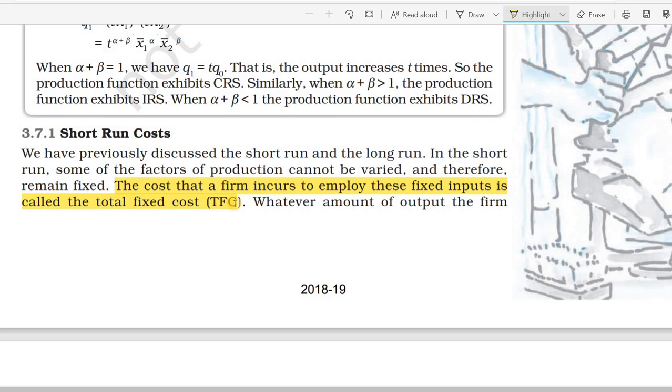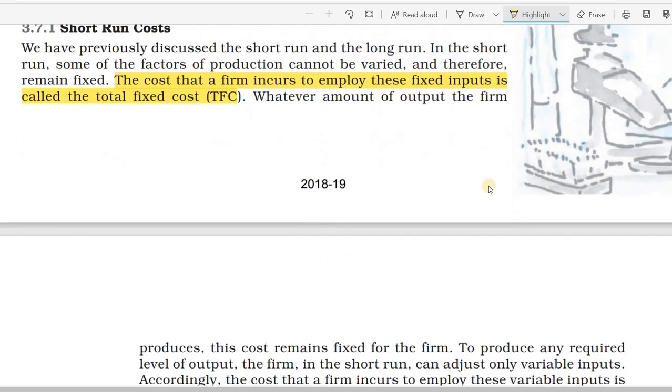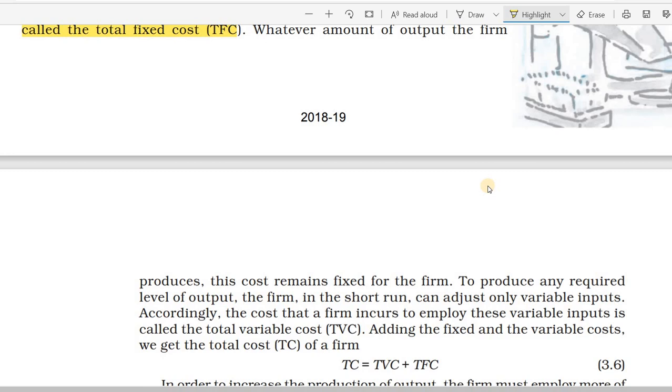These costs we are calling total fixed cost. Whatever amount of output the firm produces, this cost remains fixed for the firm. They will vary labor. Suppose labor is a variable factor, then they will increase or decrease the number of laborers.